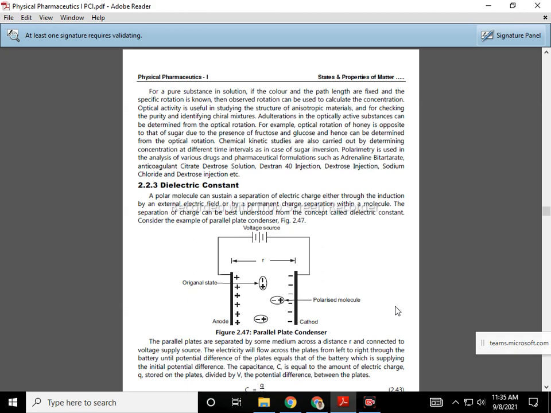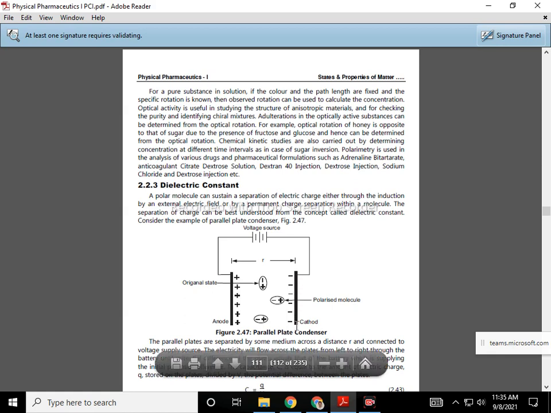Very simple. As you can see, it is a voltage source, and this is a battery. A battery always has an anode and a cathode, two ends. These two plates are connected with the voltage source, your plug you can say.